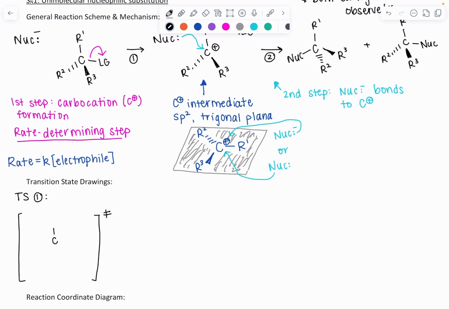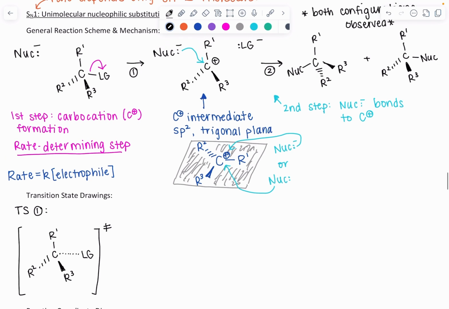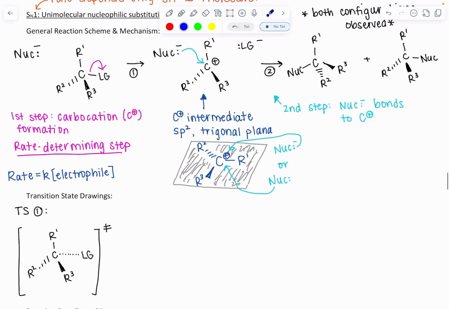So the carbon to R group bonds don't change. But the carbon to leaving group bond does change. So that one breaks, that will be a partial bond. The leaving group started off as neutral right here and then became negative.